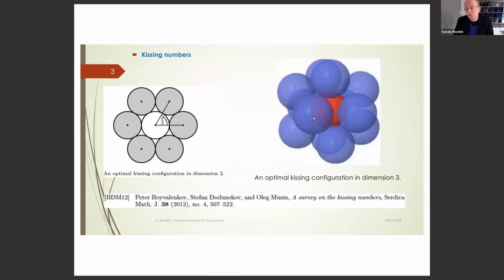The interesting fact about this diagram is that no two blue unit balls touch each other, so they can be moved around locally, maintaining the property that the arrangement of 12 unit balls is still a packing, and each member touches the red one. So this shows that in 3 dimensions, the matter is more delicate.